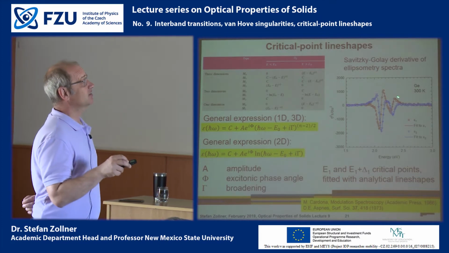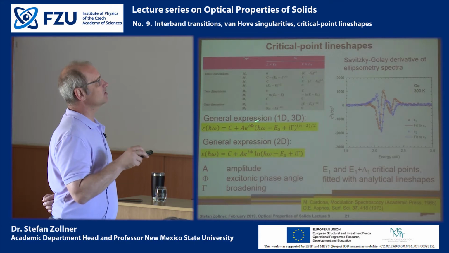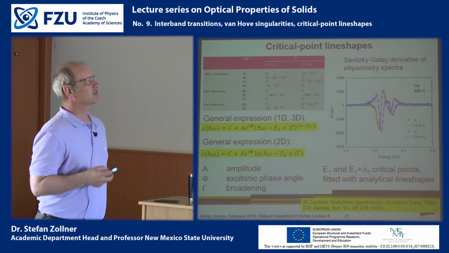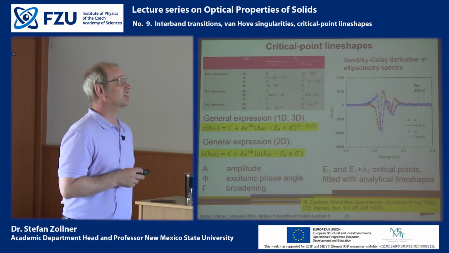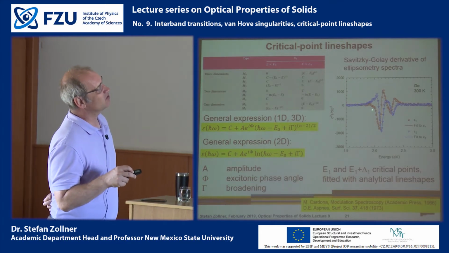So we calculate the second derivative of the experimental data, and then we also calculate the second derivative of the analytical line shapes that we have derived from this Taylor expansion of the joint density of states. And then we compare the two.